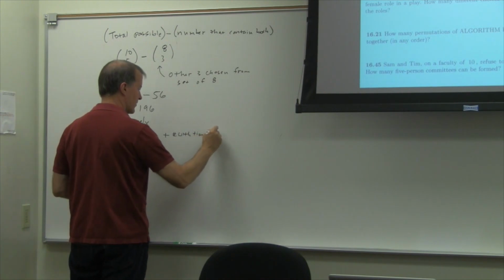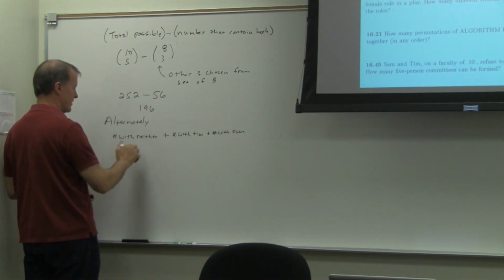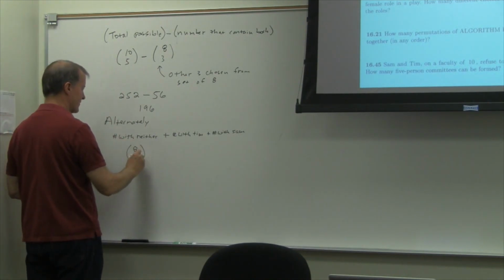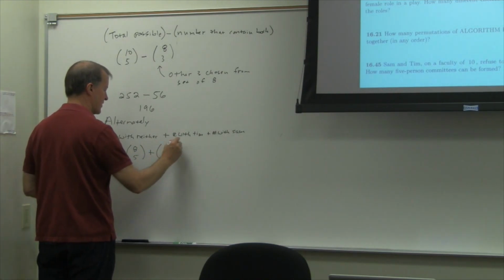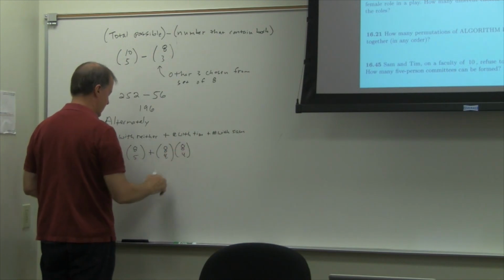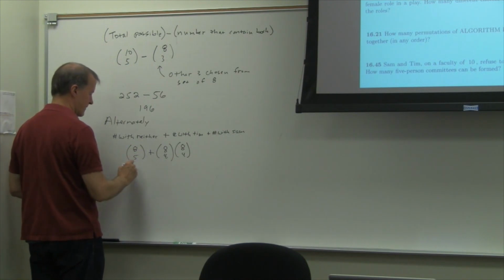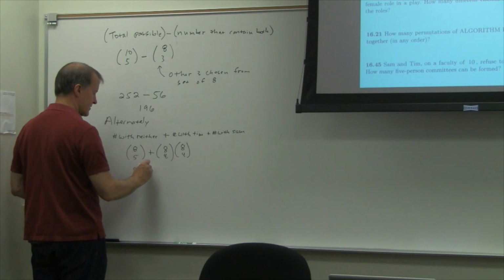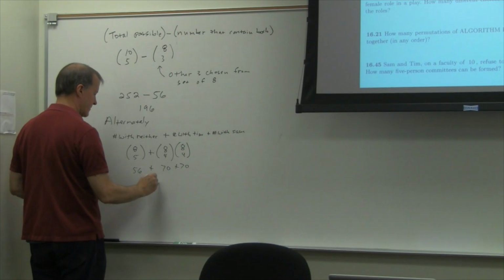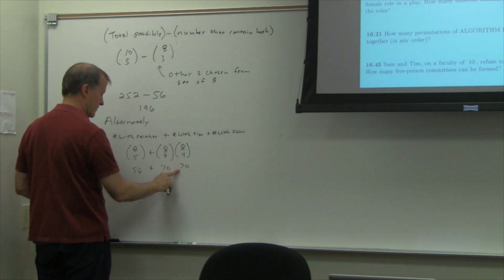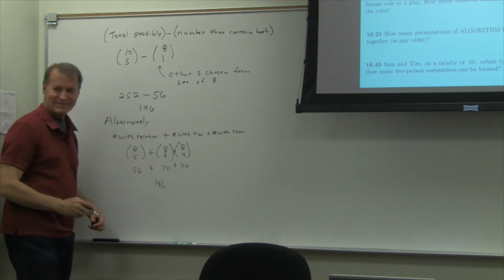The number with neither is 8 choose 5, and with Tim is 8 choose 4, and Sam's is also 8 choose 4. They're all added. 8 choose 5 is 56, plus 70 and 70 is 140. Plus 56, and this turns out to be 196 also. We have confirmed.